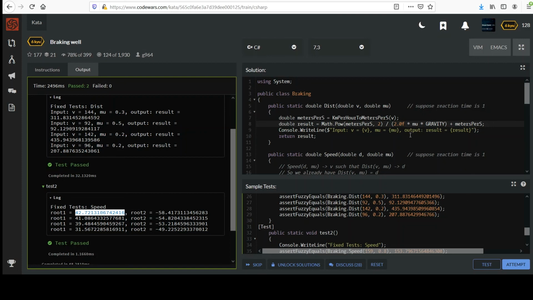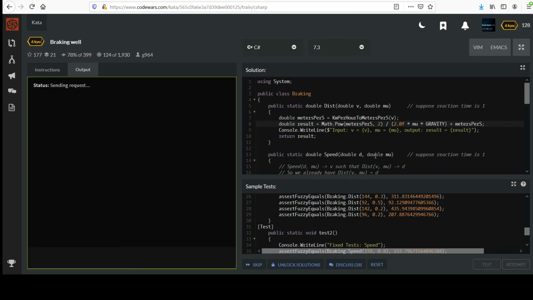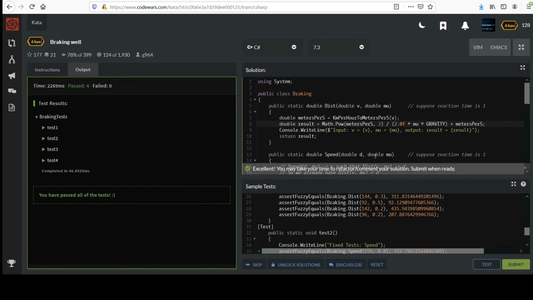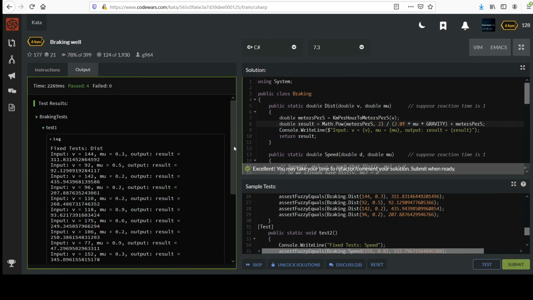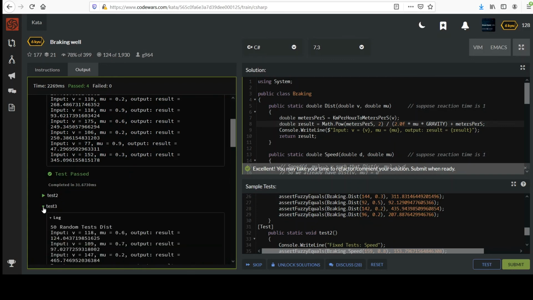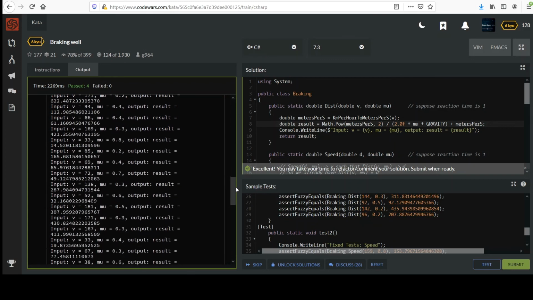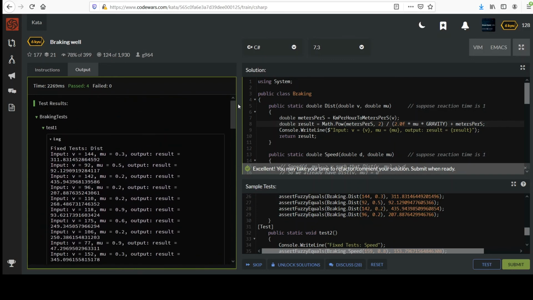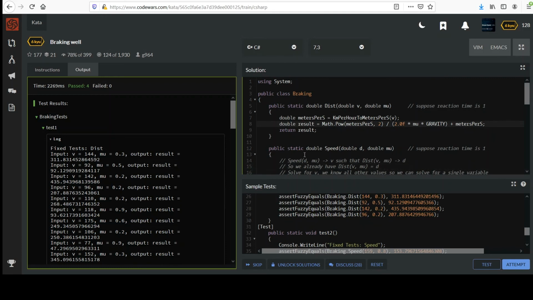I guess we'll go ahead and run the larger suite. Good, nailed them. You can expand those and look through them if you like. I'm going to go ahead and remove my print statements before I submit.